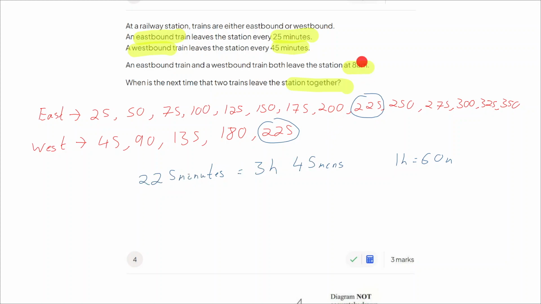Then add it onto the 8 AM. So 8 AM plus 3 hours and 45 minutes is going to give you 11:45. That should be your answer. So the next time that they meet each other is 11:45.